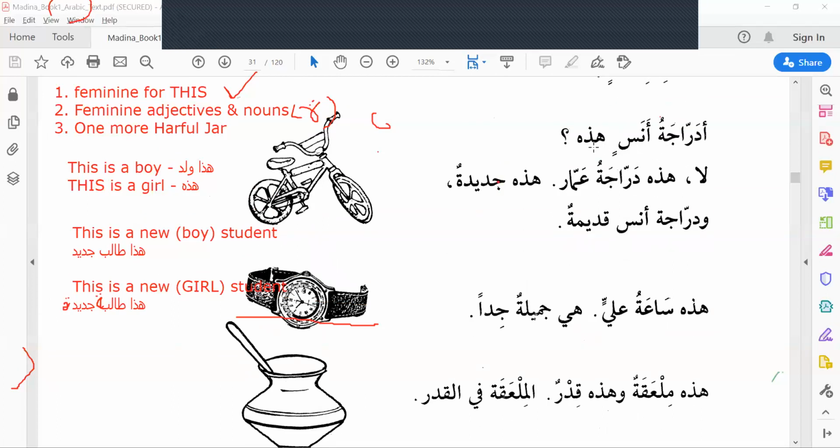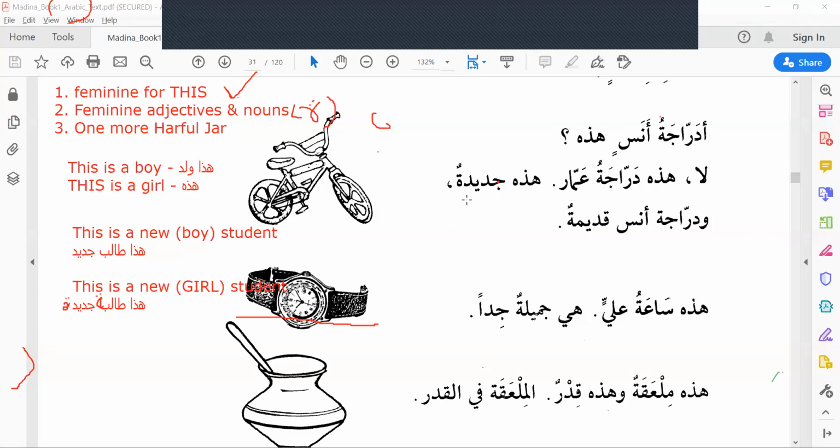Adarrajatu Anasin hadihi. Is this Anas's bicycle? La, no. Hadihi darrajatu Ammarin. Ammarin, because mudafun ilayhi doesn't have alif lam, so we give kasratain. This is Ammar's bicycle.